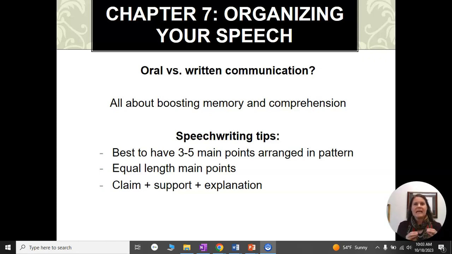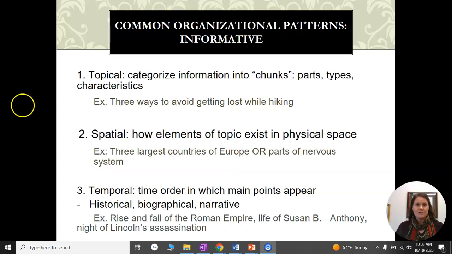So it's like a little mini essay in each main point. All right, that's a sure way to organize and support your ideas in a way that your audience can follow along with. So let's get into the different speaking patterns.